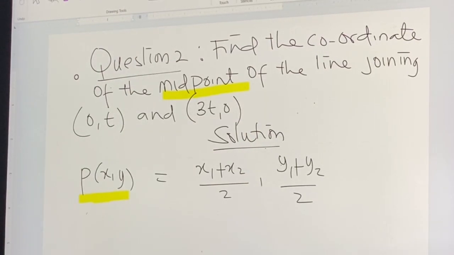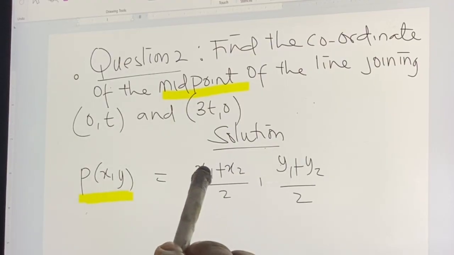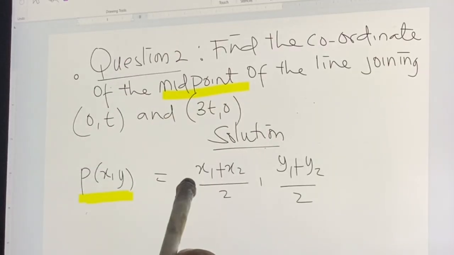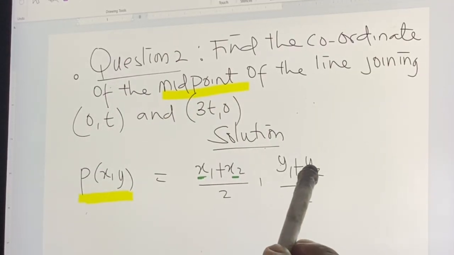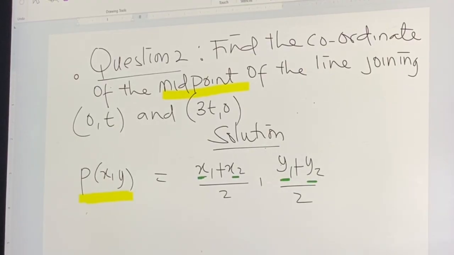If the midpoint is given to us in the equation, this part can be either the midpoint for y or the midpoint for x. Please take note. If the coordinates are given to us, this is for coordinate x1, this for coordinate x2, this for coordinate y1, this for coordinate y2. It depends on what you are asked to find in the question.